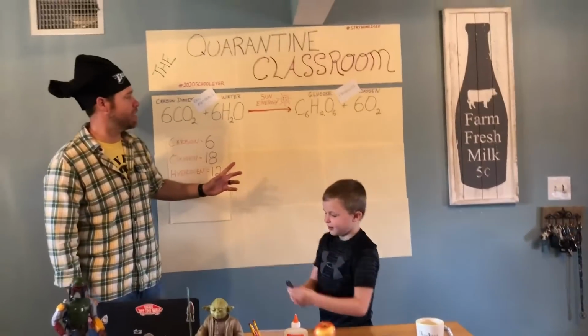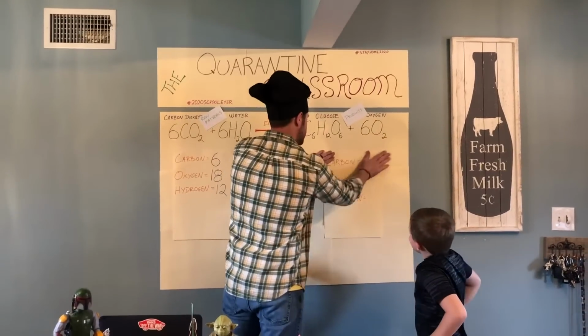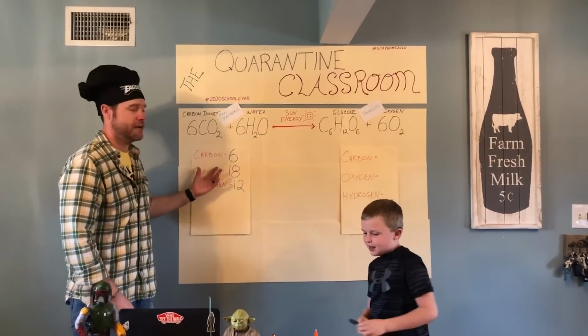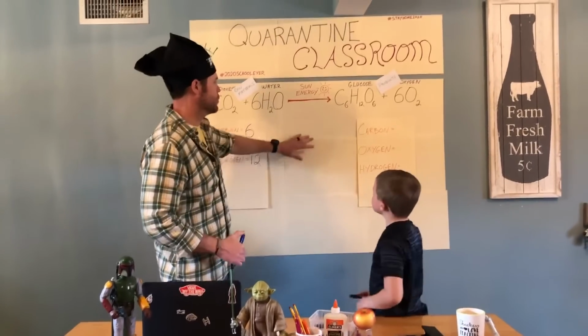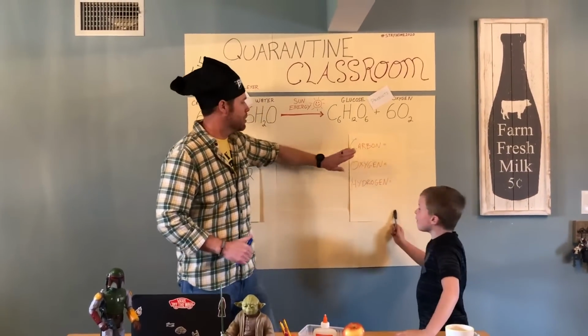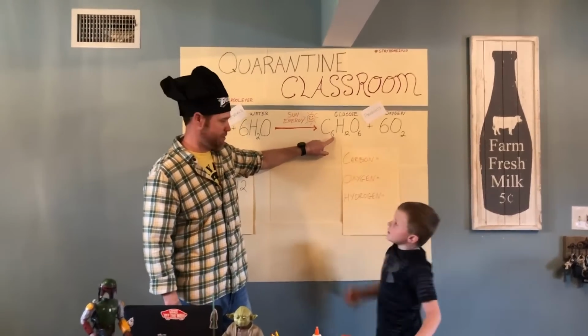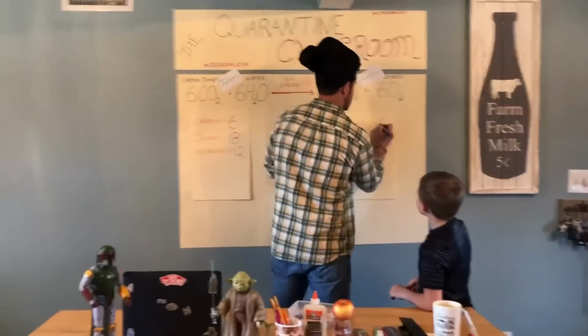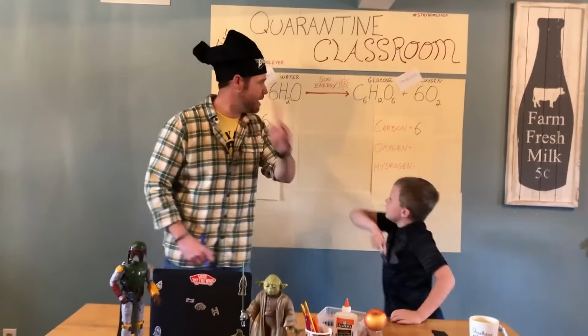Now let's go back to our quarantine classroom. And let's talk about the other side of this equation. Very similar to this side, and what you'll see is exactly like this side. Let's go through it, little chef. Carbon, the C's. What number's after the C, little chef? 6. 6 C's, or carbons. Now O's, now the oxygen.